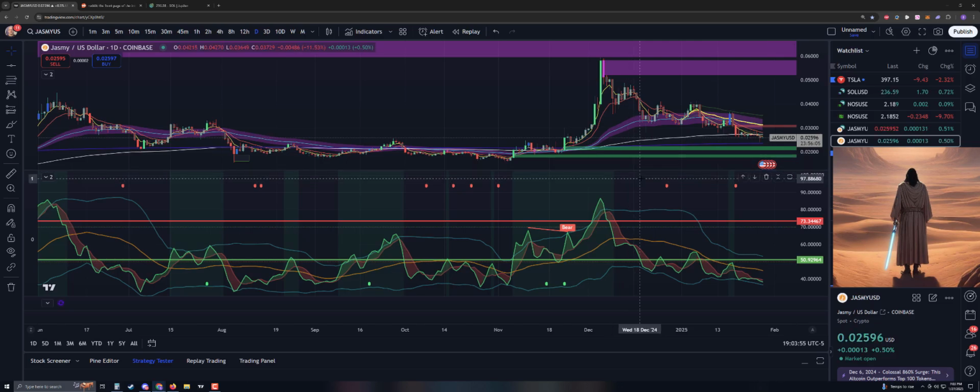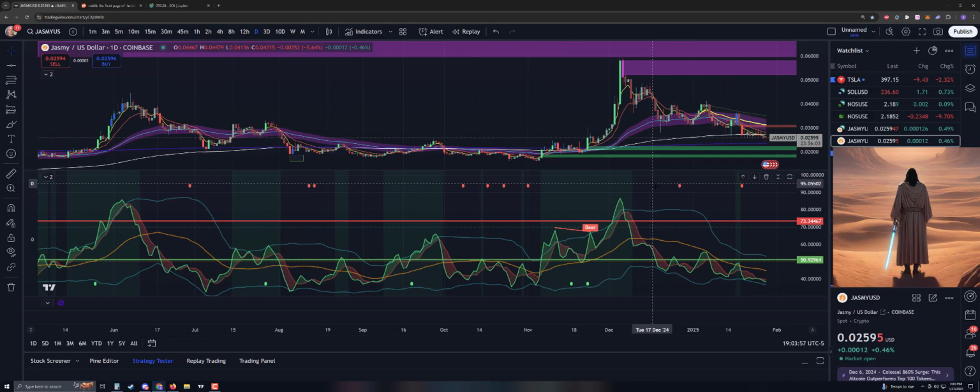When you use this indicator, you'll see that you have these sharp points. This red line I put at 73 right now, and this green one down here I have at like 50.